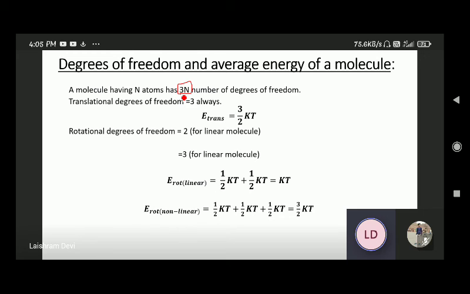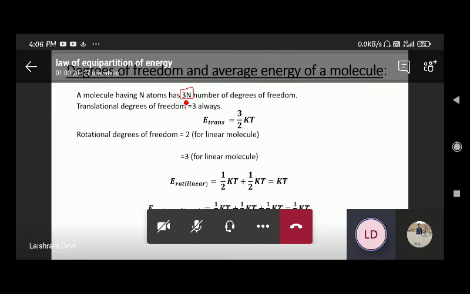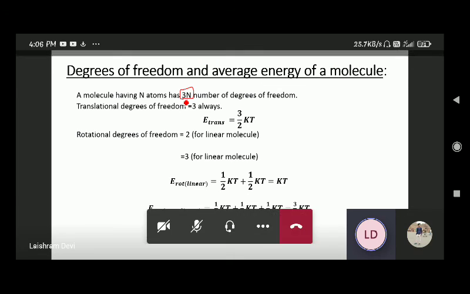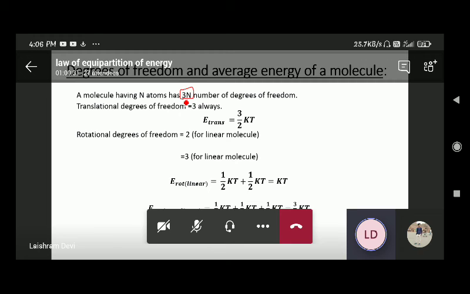So from the total number of degrees of freedom, we have to see how many of them will be translational, how many rotational, and what remains if we remove the rotational and translational, how many degrees of freedom for vibration there will be, we can calculate that, right? From that we can always see what will be the contribution to the total kinetic energy.